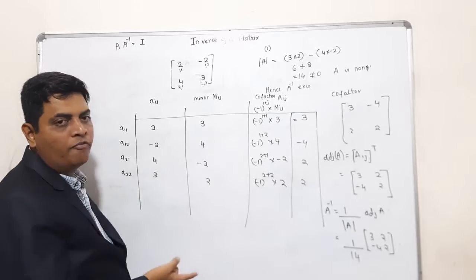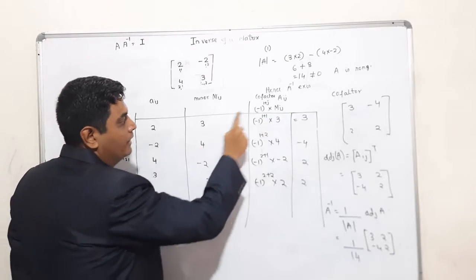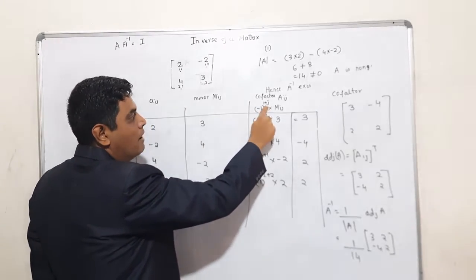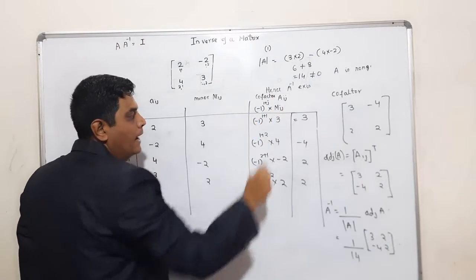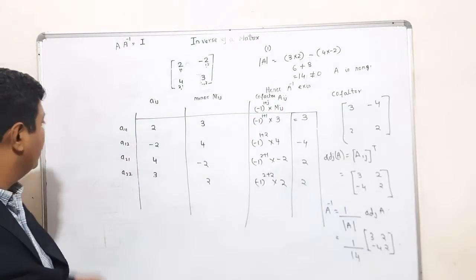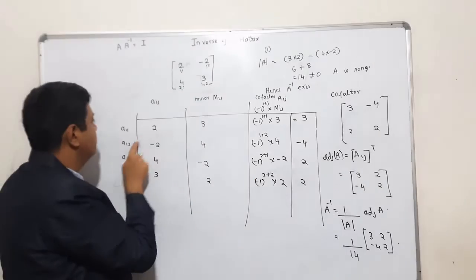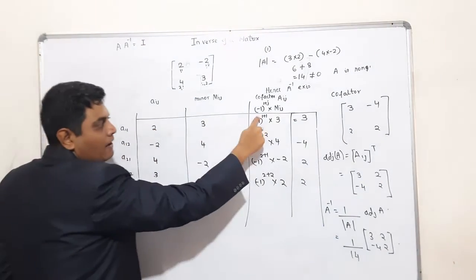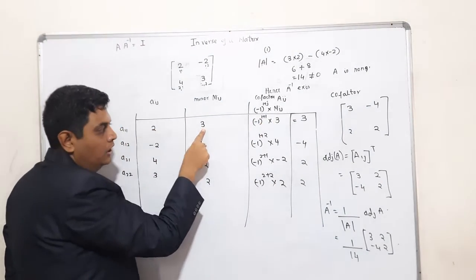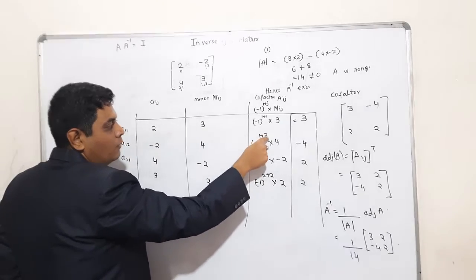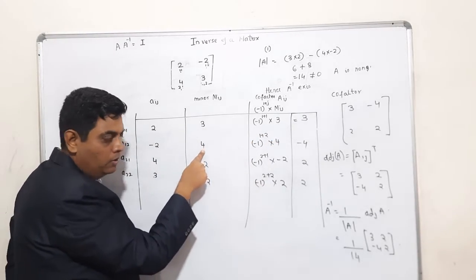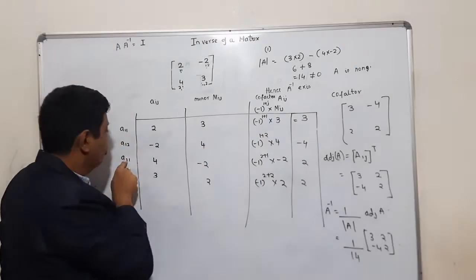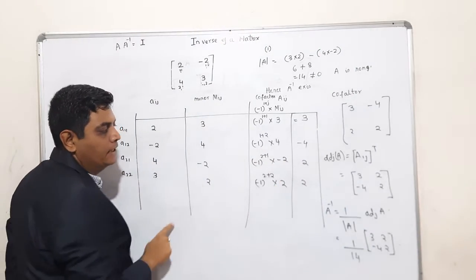Now how do I find the cofactor? The cofactor formula is minus 1 raised to the power i plus j multiplied by Mij. So here, minus 1 raised to the power, for the first element 1 1, it will be 1 plus 1, multiplied by 3. Then 1 plus 2: minus 1 raised to 1 plus 2 multiplied by 4. Minus 1 raised to 2 plus 1 multiplied by minus 2.